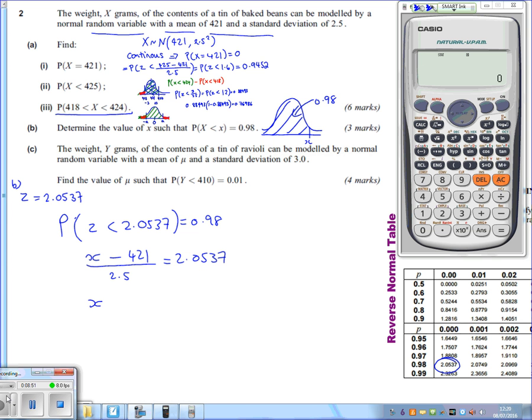So x minus 421 equals 2.0537 times 2.5. So that means that x is equal to 421 add on 2.0537 times 2.5. So x is equal to 426.13.